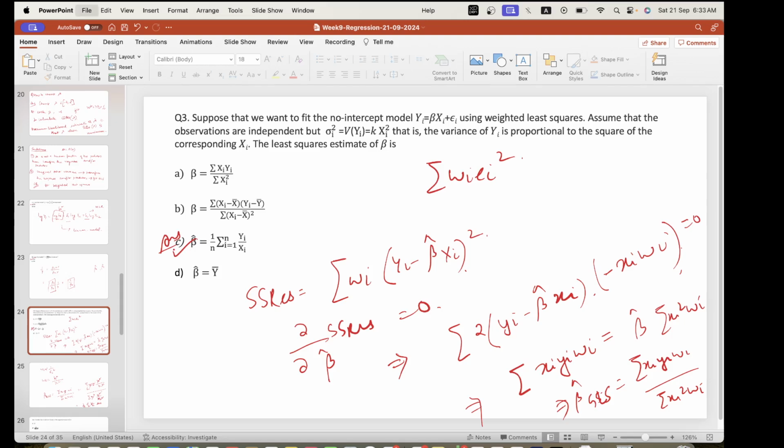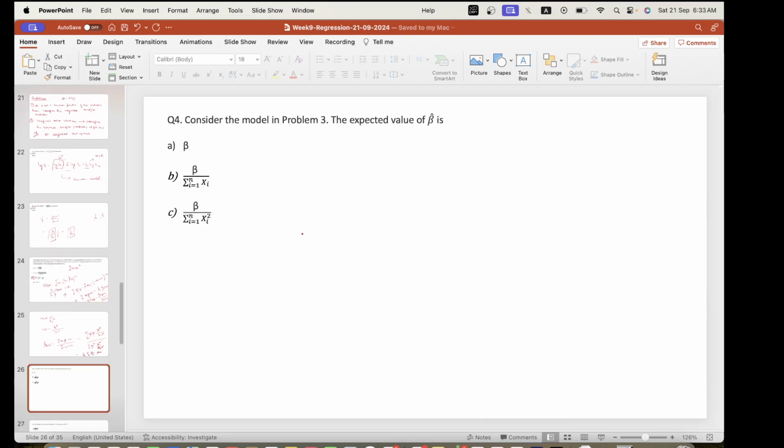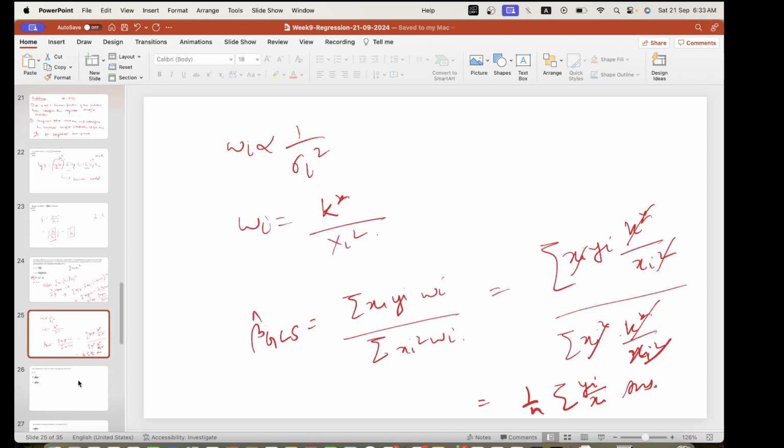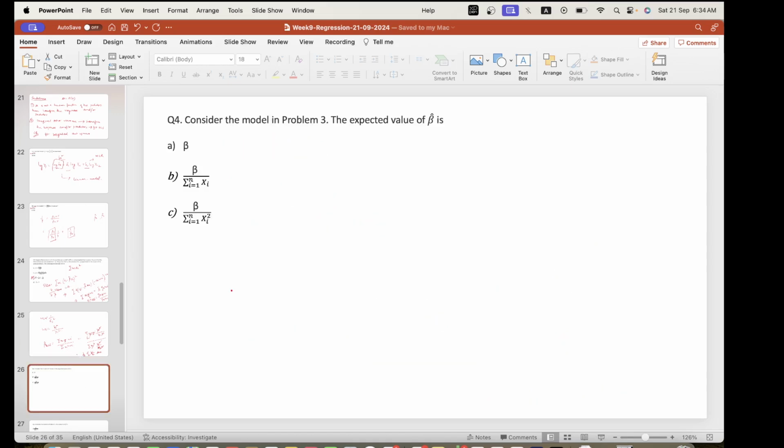Similarly, from here, if we want to find the expected value of beta hat, we just find the expectation of beta hat GLS.